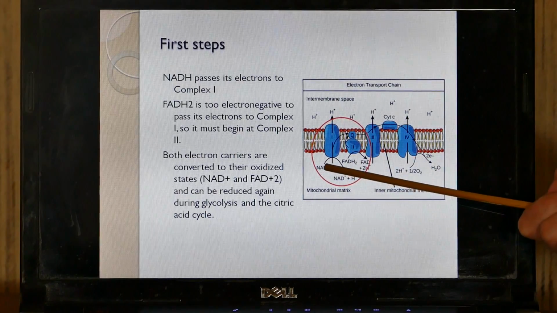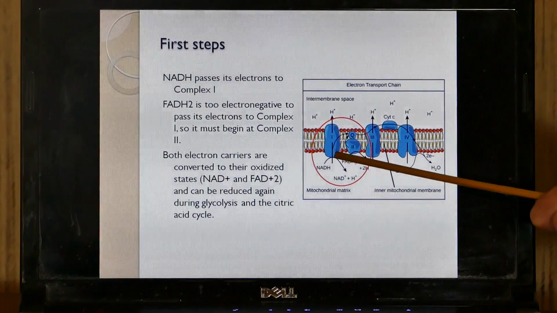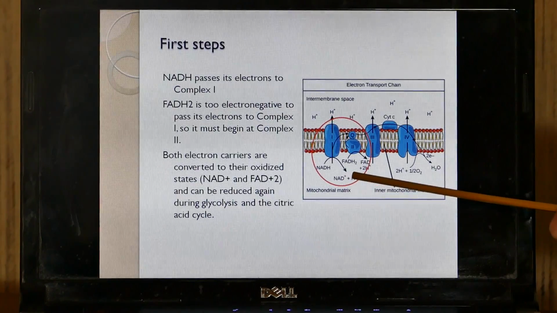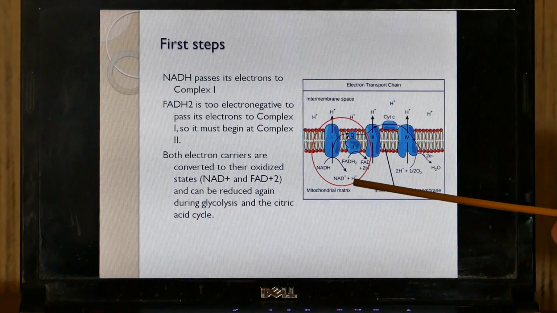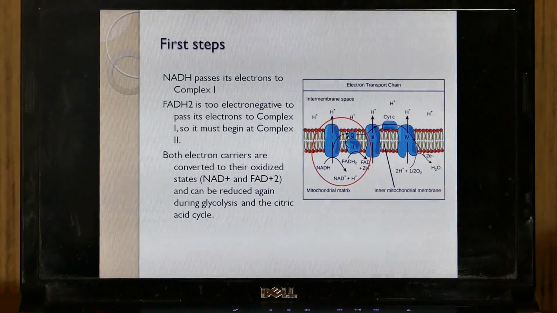And as NADH and FADH2 feed their electrons in, they break apart into their oxidized forms, NAD plus and FAD, and also a bunch of hydrogen ions. And they can be used again in the citric acid cycle and glycolysis.